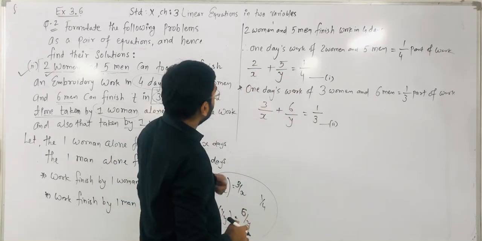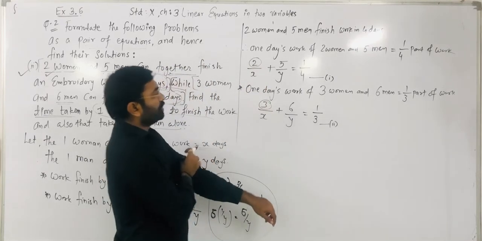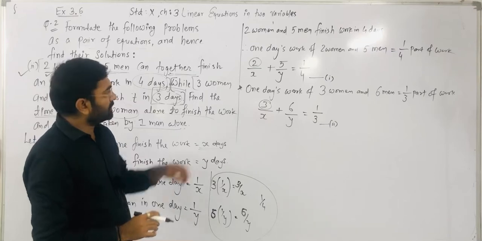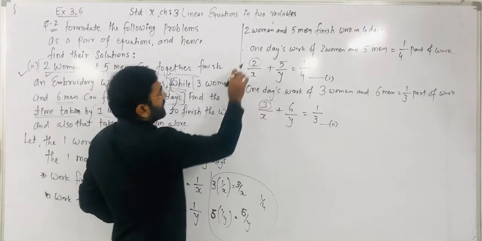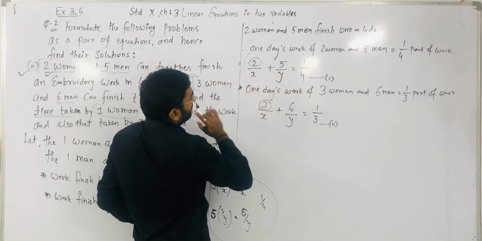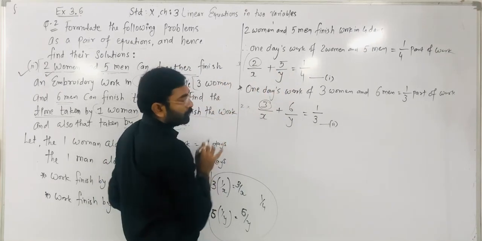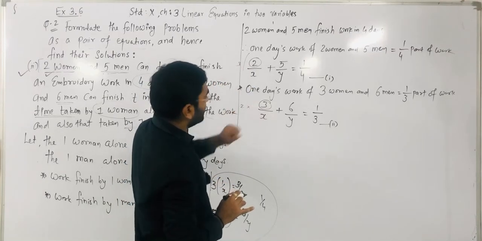So what we have to do? We have to make the coefficient of one of the variables equal. Suppose we want to make this 2 and 3 equal. So suppose we multiply that equation by 3 and that equation by 2. Right? So here we get 6 and here we get 6.